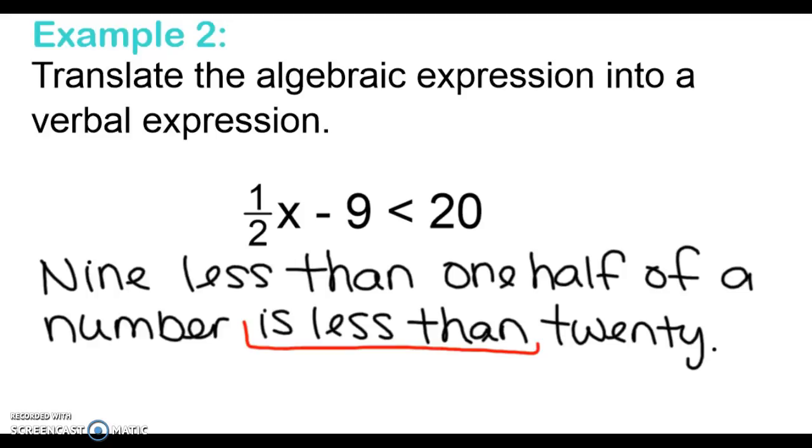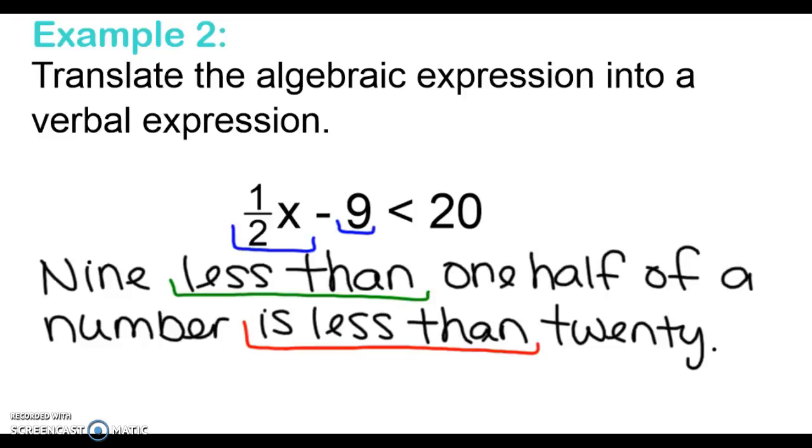Versus, if you take a look at the first one, this just says 9 less than. Now, what's sneaky about this is you're like, well, the 9 doesn't come first, the 9 came after our subtraction sign, and the 1/2 of a number came before. This is what you have to be very careful with, the word less than. When you see the word less than, you have to flip them.